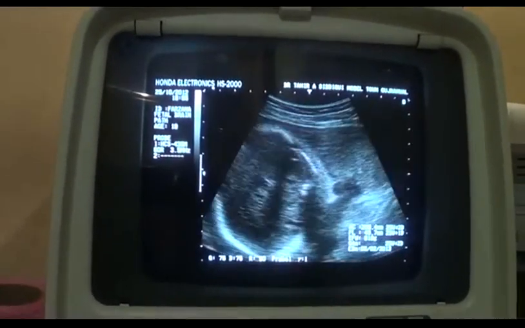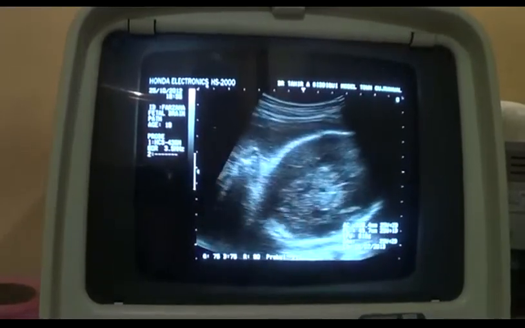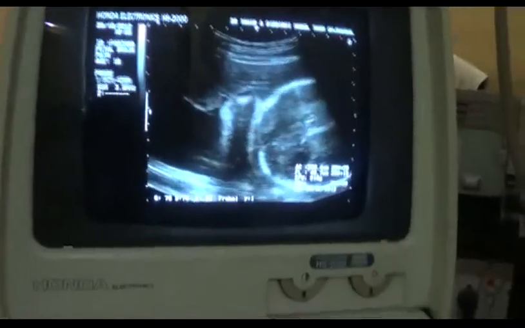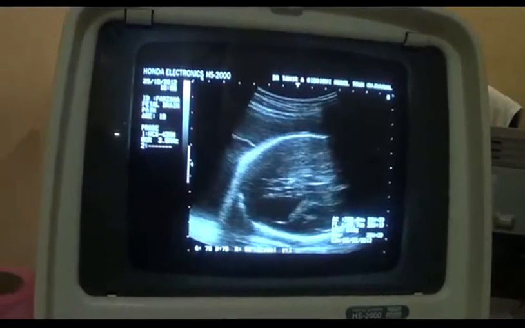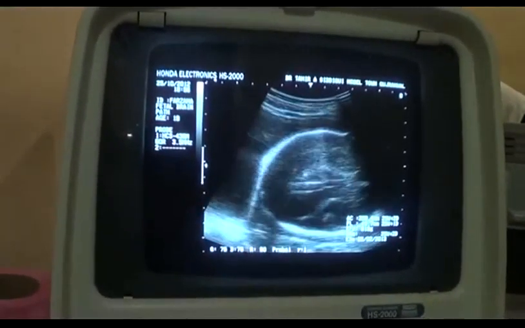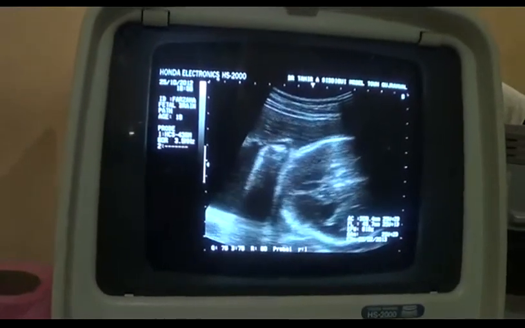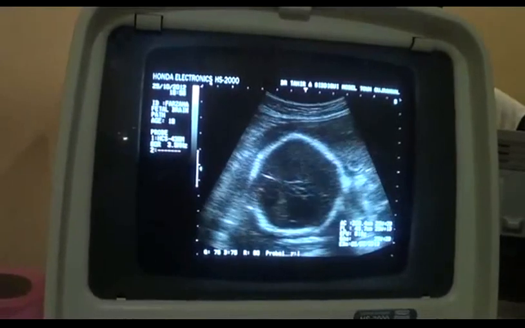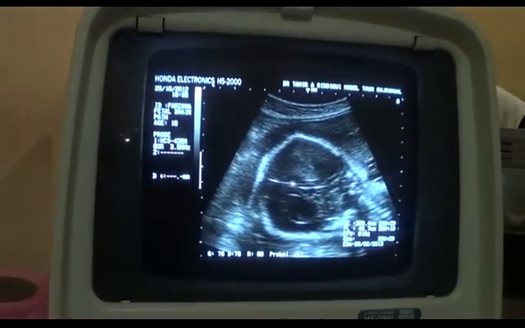What about the facial features? What about the occipital region? Don't see any dilation of the ventricle in the region of the cerebellum. See, this is the falx cerebri, this central area.